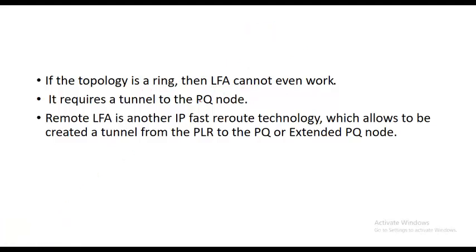MPLS traffic engineering fast reroute node protection. See, there is a node failure. That's the difference between the previous picture and this picture. In the previous picture, we did not have any node here. Here there is a node failure. So label number 20 is given by this router, label number 30 is given by this router.